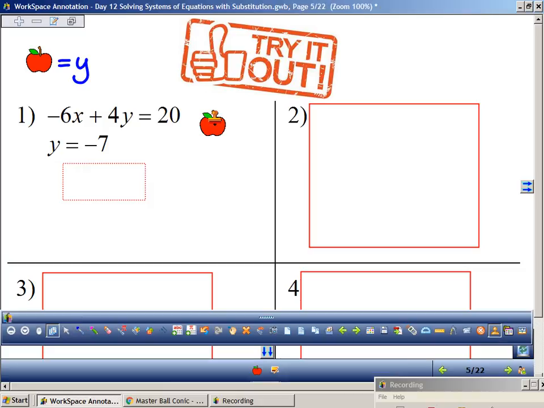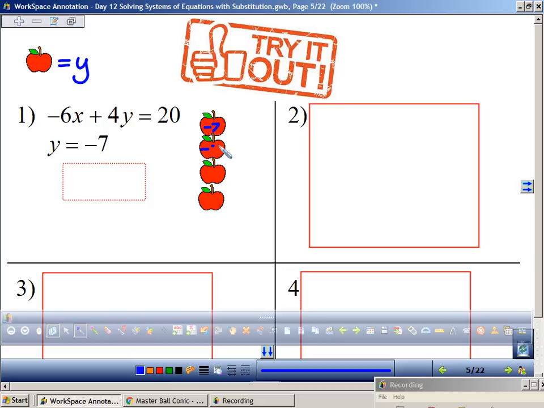But it tells me how much the apples are. How much is each apple? If I really wanted to, I could say 4 apples is the same as negative 28. Would you agree?